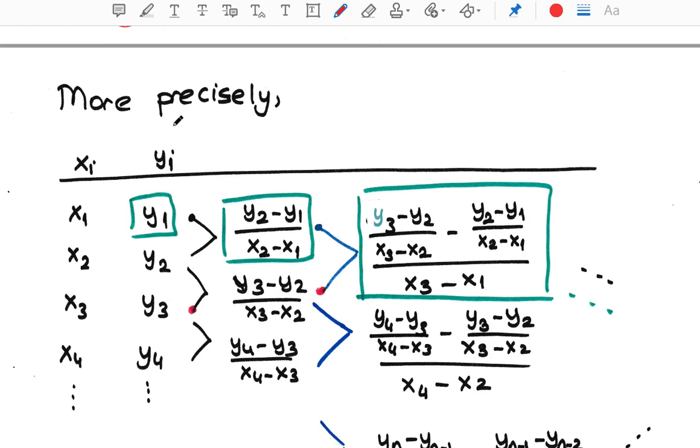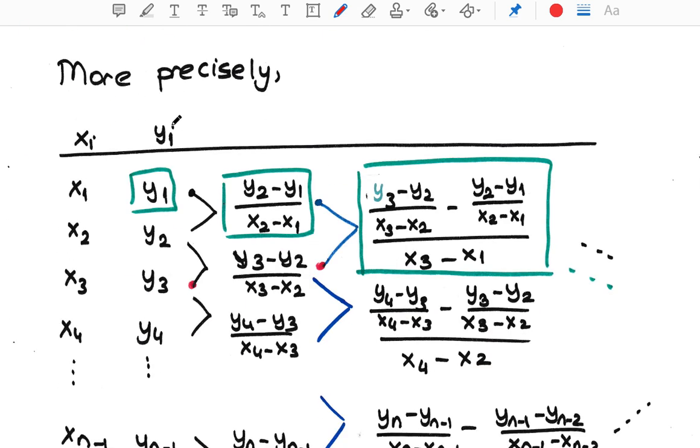Okay, I want to give a more precise definition for you. For instance, we said that this is my A1, here is my A2, and then this is my A3, and so on. This is the first derivative, second derivative, third derivative, and so on.